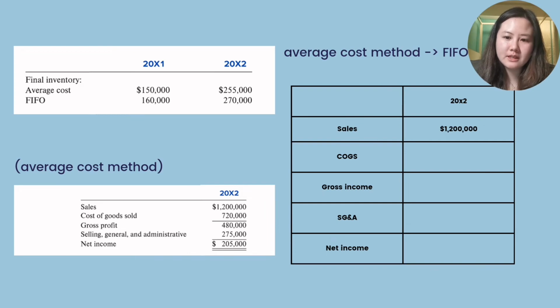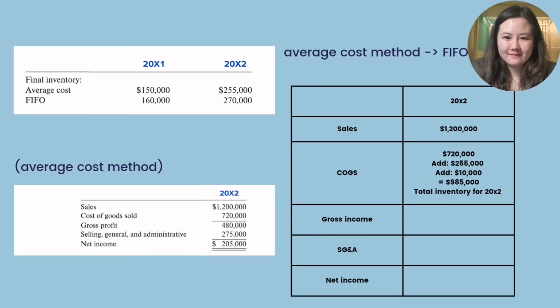We add this adjustment to the average cost final inventory for 20X2, and this will give us the total inventory for 20X2. That is $720,000 plus $10,000 plus $255,000, which is equal to $985,000, which gives us the total inventory for 20X2.